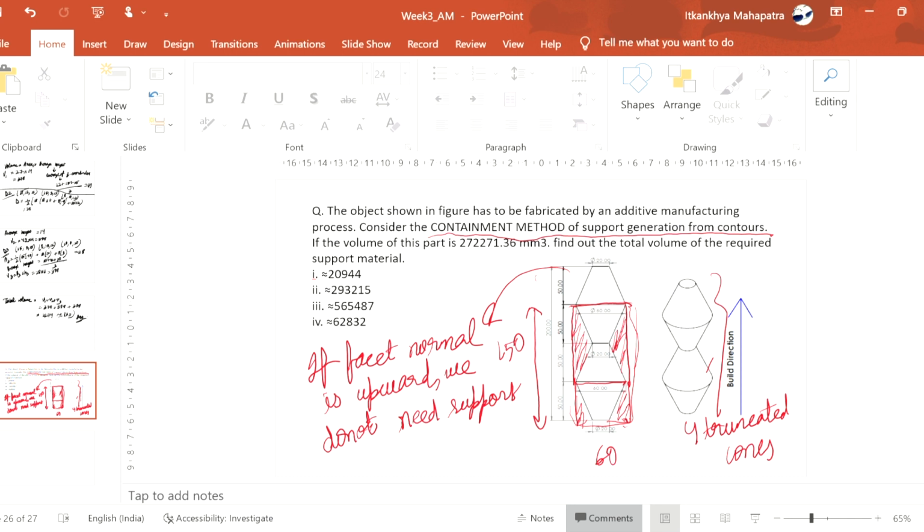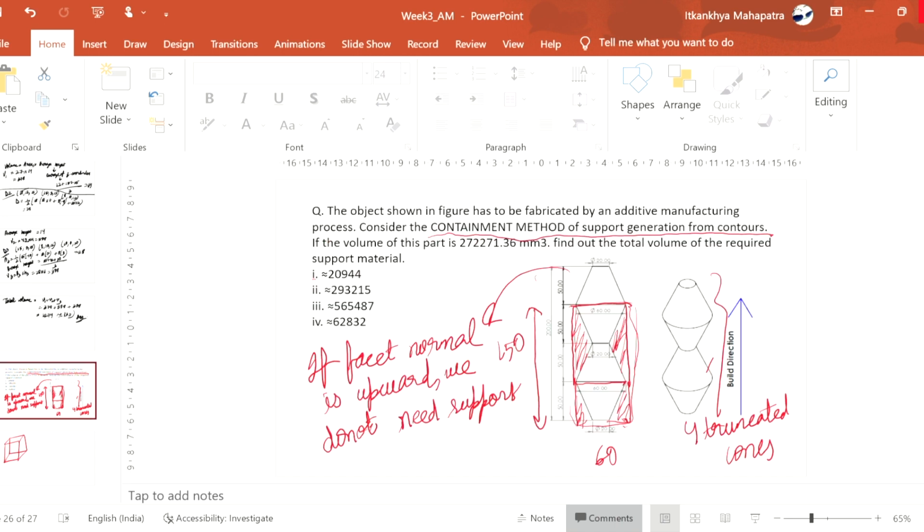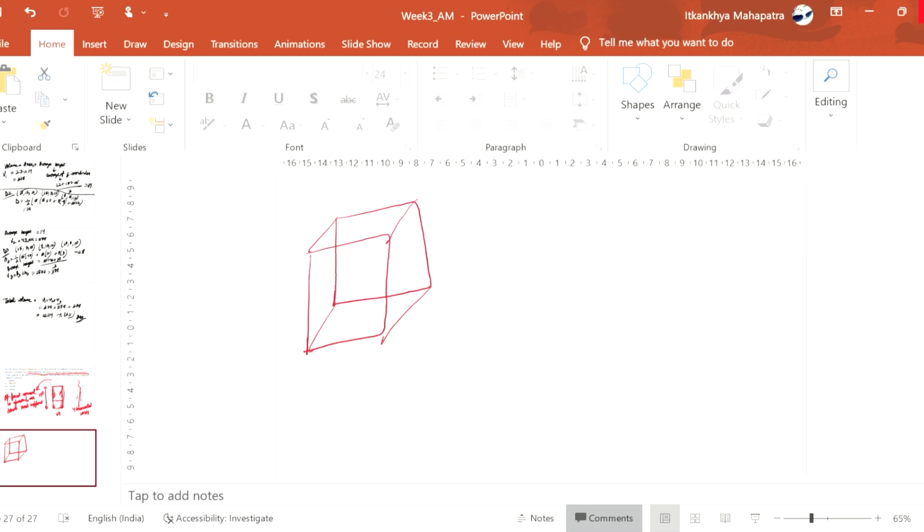Now for that area, for this region, we are considering it as a cube. This will have the dimensions of 60, 60 and 150. Now the volume is 150 into 60 into 60.